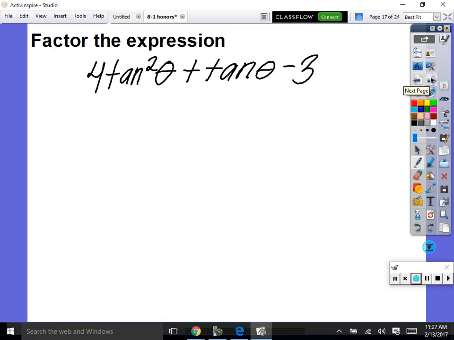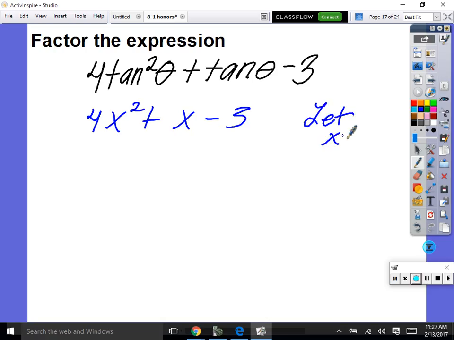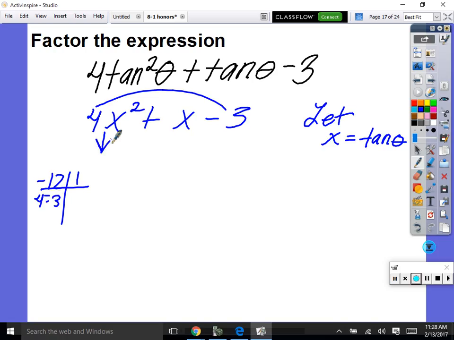To factor this, I'm going to say, well, this kind of looks quadratic in form. 4x squared plus x minus 3. So I'm going to use x as my substitution. Let x equal tangent theta. So then we're dealing with this. It multiplies to be negative 12 and adds up to be 1. Can I quick factor it? Heck no. Drop and break.